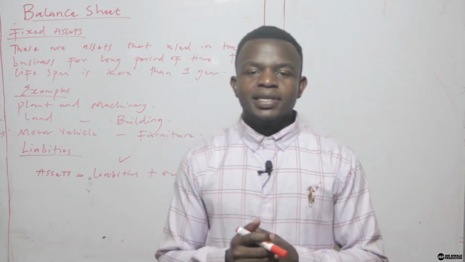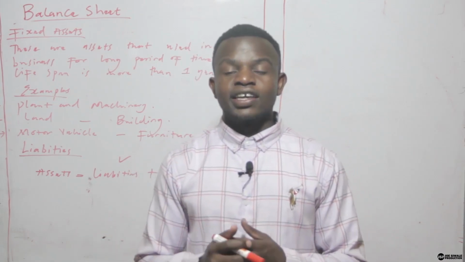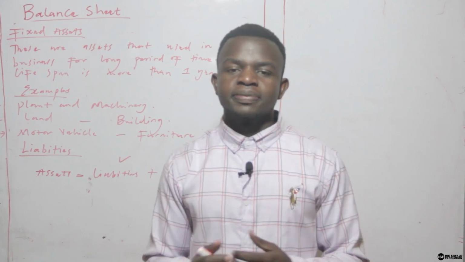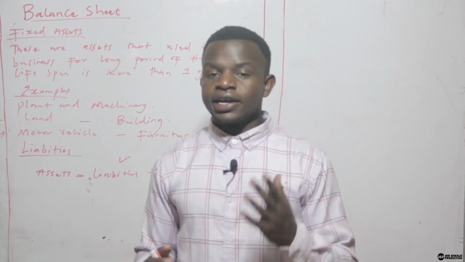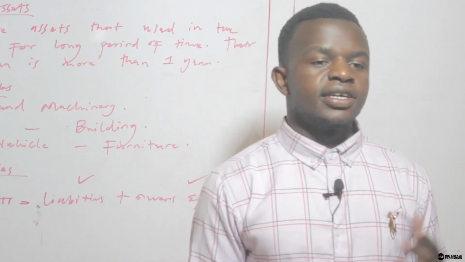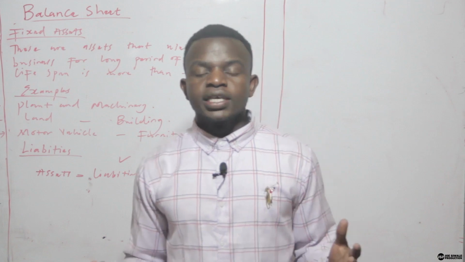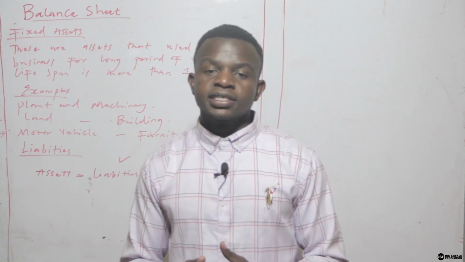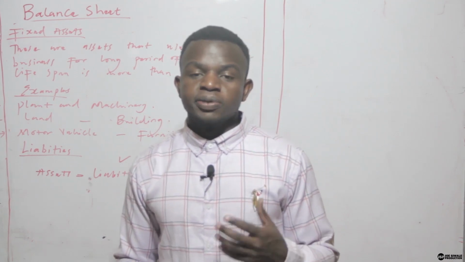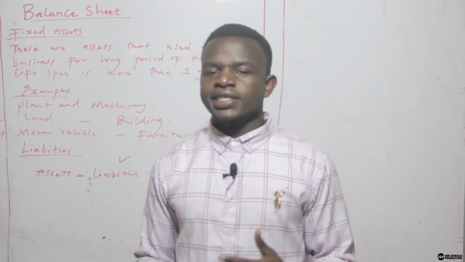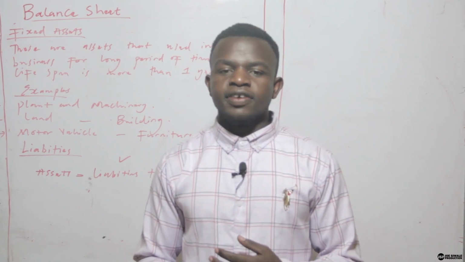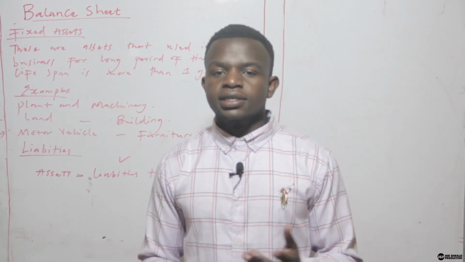Current liabilities are defined as debts or financial obligations that have to be paid in a short period of time. And examples of current liabilities, we're having creditors and bank overdraft. Then looking at long-term liabilities, these are debts or financial obligations that have to be paid for a long period of time. And examples of long-term liabilities, we are having a bank loan and debentures.